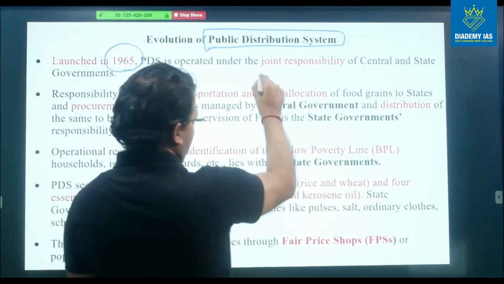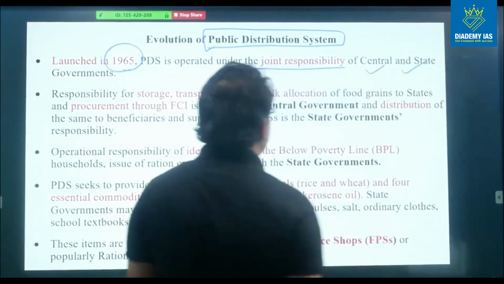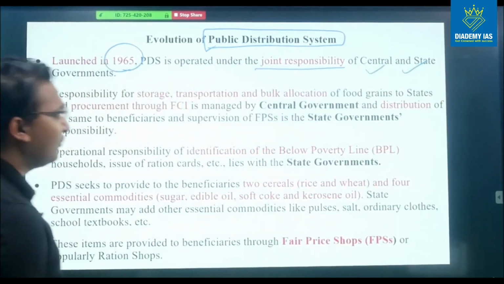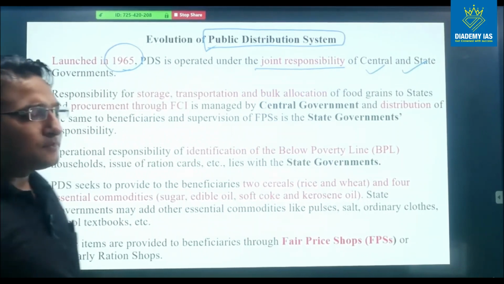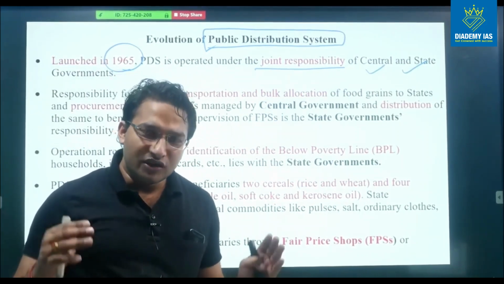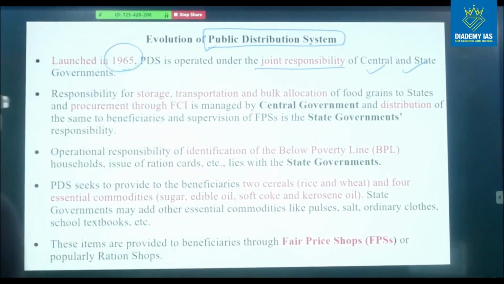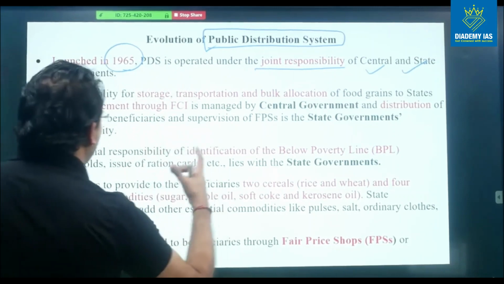So there is joint responsibility of both center and state. If there is a question that PDS is the sole responsibility of the state government, no, it is a joint responsibility of center and state both. Now, how is it joint?